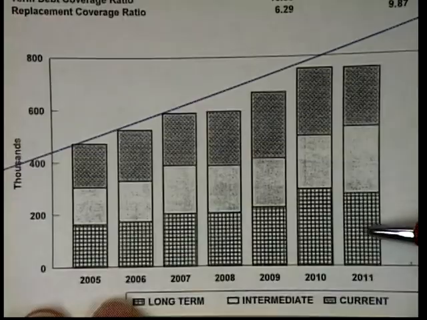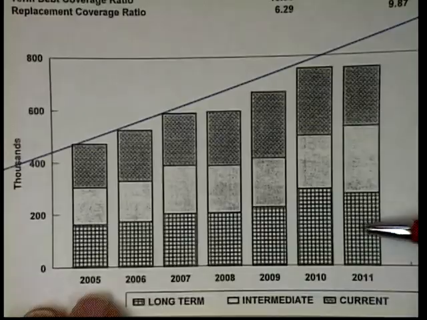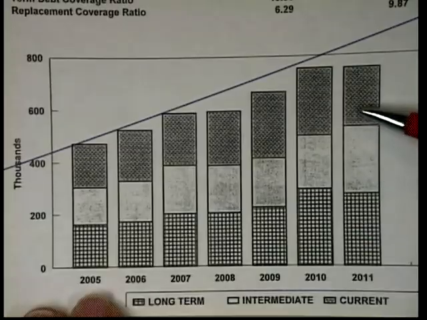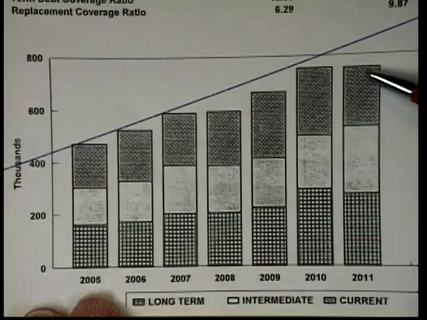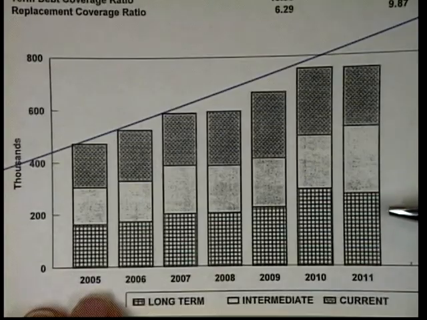The structure of the assets and liabilities here, that's what we're working on. Long term is the bottom checkered portion. The clear white is the intermediate, and the top portion is current. Has there been a shift in liabilities within the three areas? Probably a little bit more to the intermediate and long term, because the fixed interest rates on intermediate and long-term debt have been low, and the higher interest rates have been on the current or the operating line of credit.